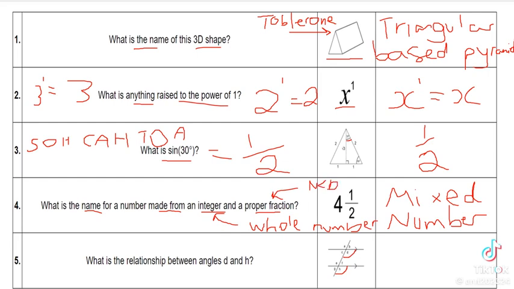This is question number 5. What is the relationship between angles D and H? So the ones in red that I've circled, they're what I call corresponding angles.